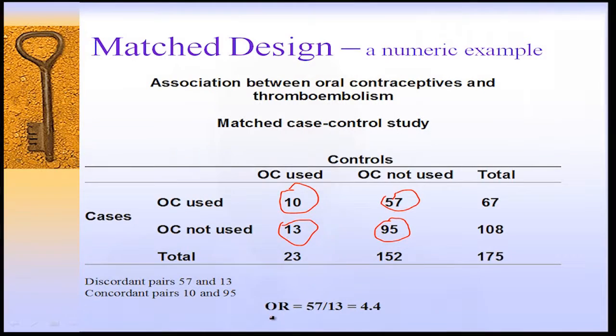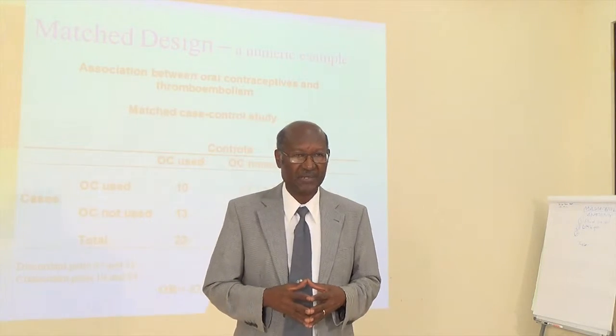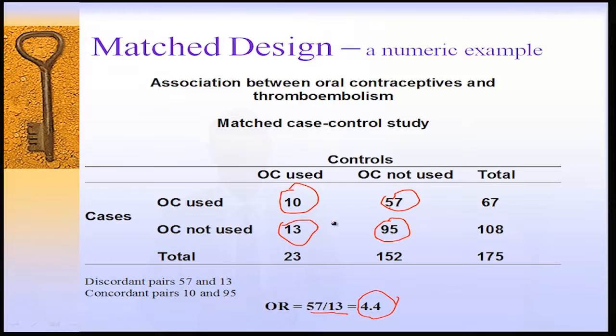And so, in order to get the odds ratio, we divide 57 by 13, and we get 4.4, which can be interpreted as saying those who were exposed to oral contraception are 4.4 times more likely to get thromboembolism than those who were not exposed to oral contraception.